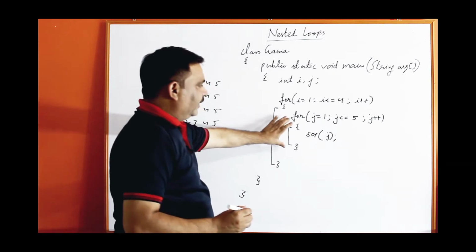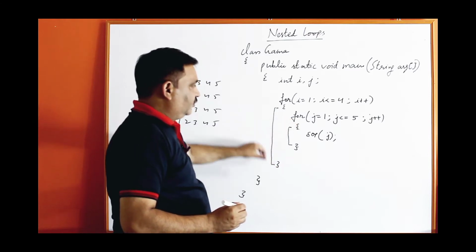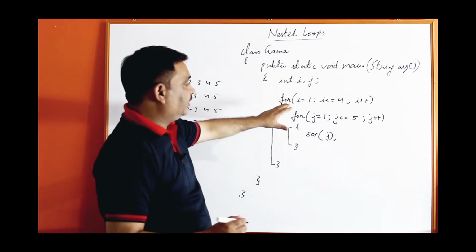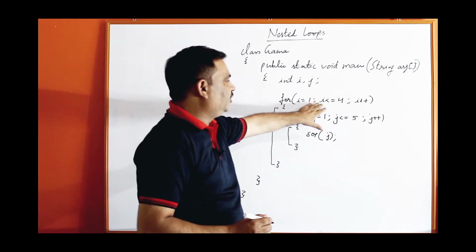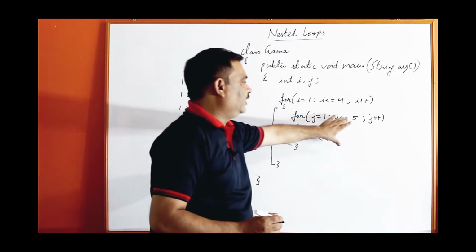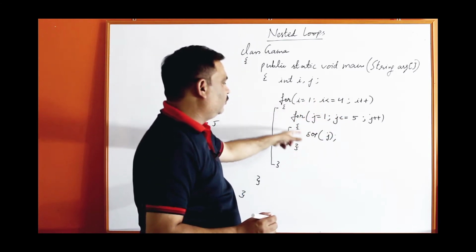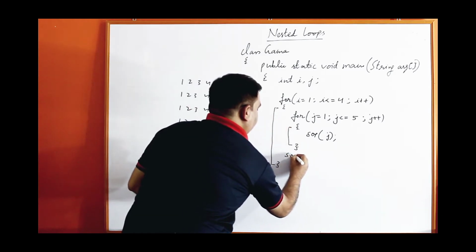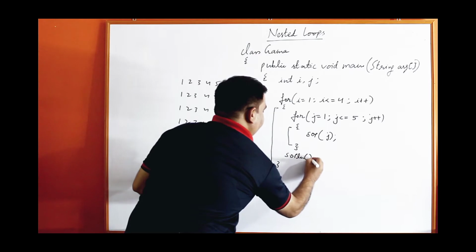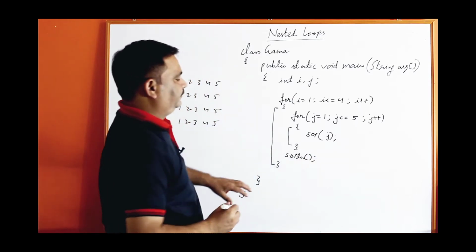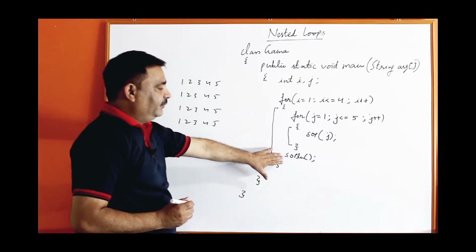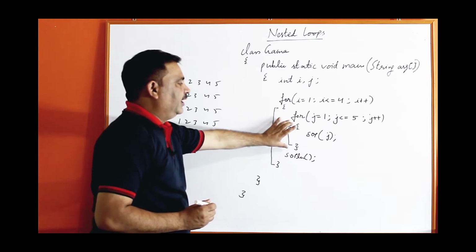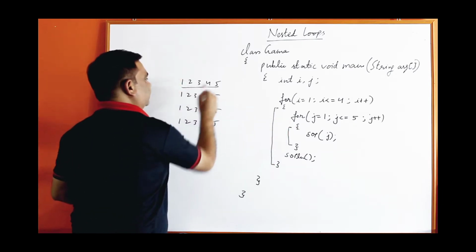So you know very well this will print 1, 2, 3, 4, 5, because first of all it starts from here, i is 1, the condition is true, it will go from 1 up to 5. So after this loop write system dot out dot println, just empty brackets. So the line will be changed after the j loop, and the j loop will print this sequence.